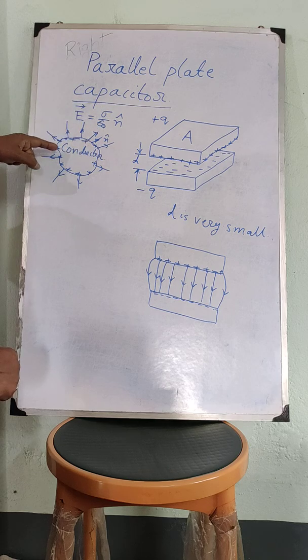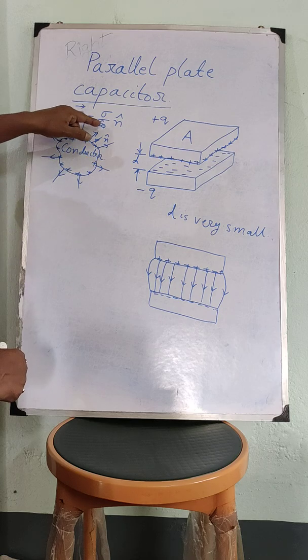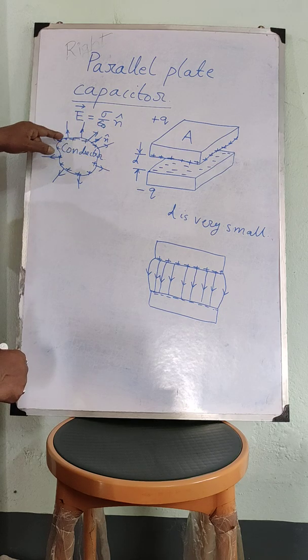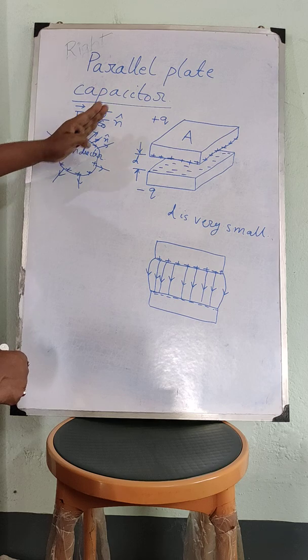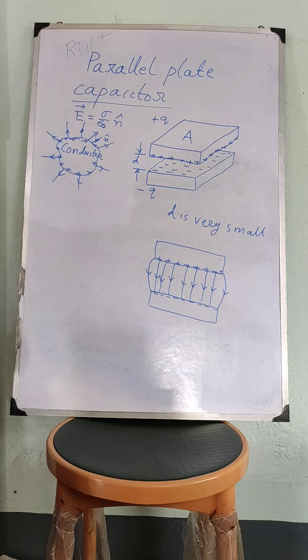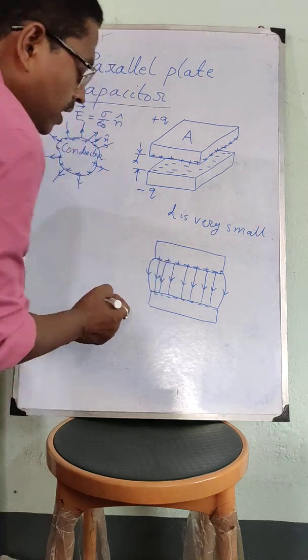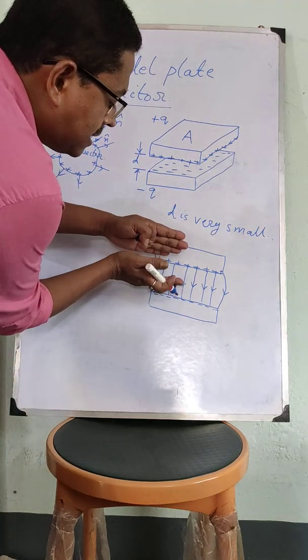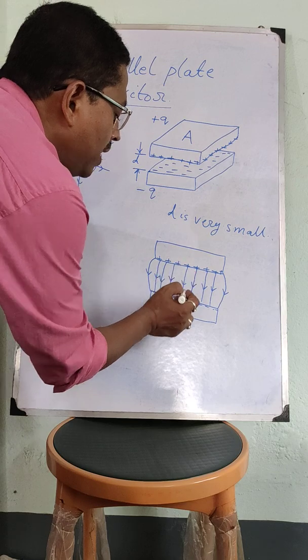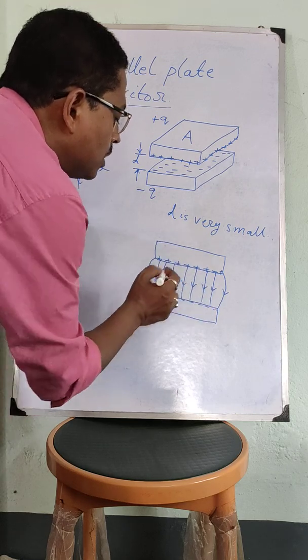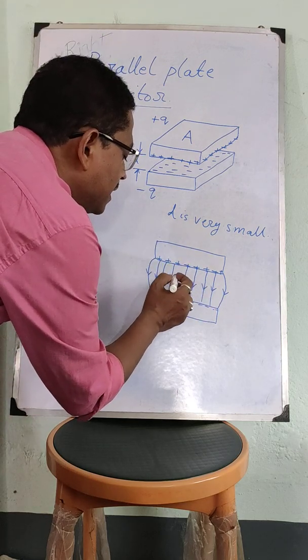Sigma is the surface charge density on the conductor, epsilon 0 is the permittivity of free space, and n cap is the unit normal vector to the conductor. Okay. So with this concept, if I come here, this distance is very small, so the field lines are parallel lines. So this is the electric field in this region.